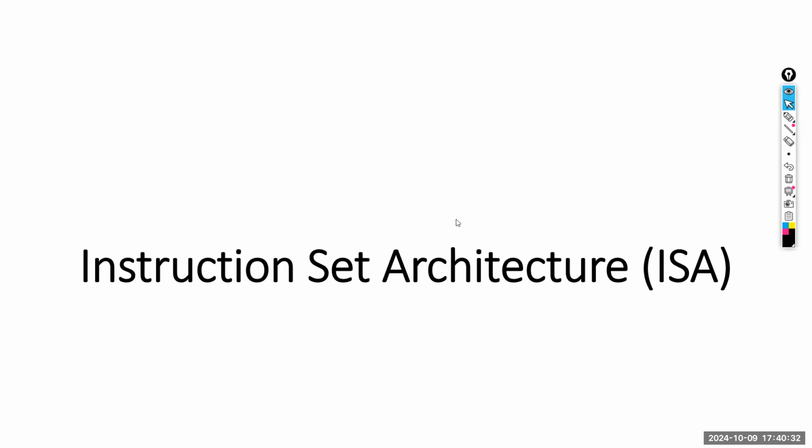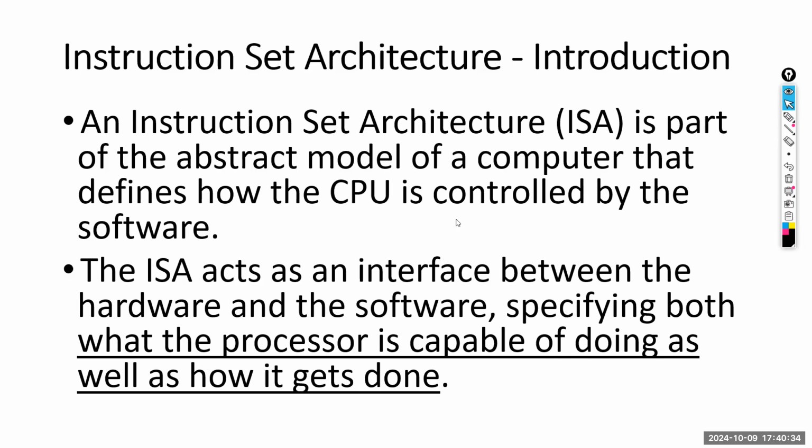Instruction set architecture is part of the abstract model of a computer. Abstract means a logical thing that defines how the CPU is controlled by the software, and how the overall processing is done.